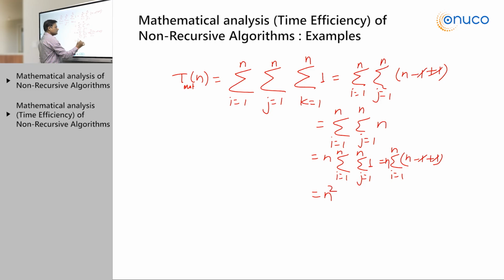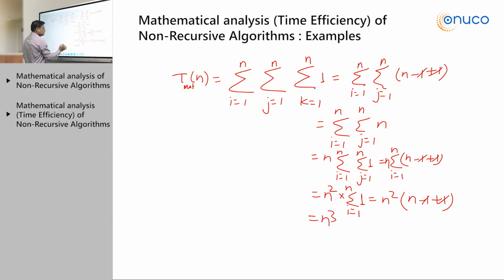So now n into n becomes n square into the summation of i is equal to 1 to n. What is left? If n is taken out, then 1 is left, right? Now again apply the same upper limit minus lower limit plus 1. So it is n square into n minus 1 plus 1 got cancelled. So we are getting n, and the overall value is n square into n, which is n cube. So we can conclude that the time complexity for matrix multiplication is n cube.